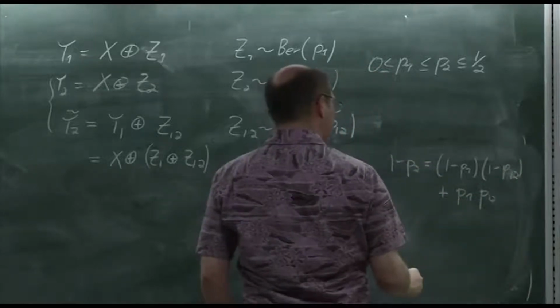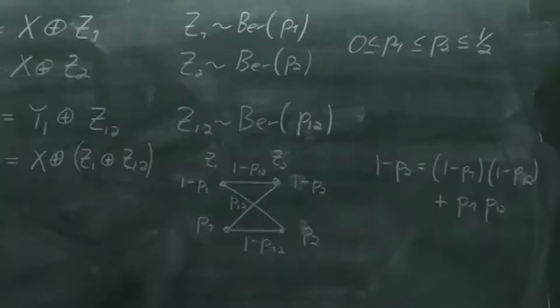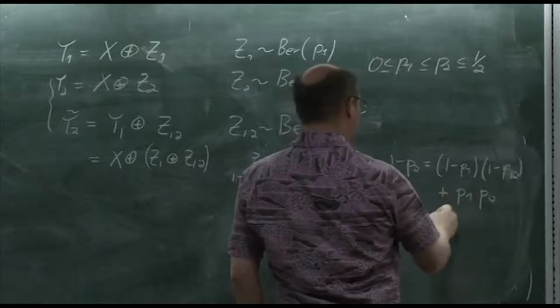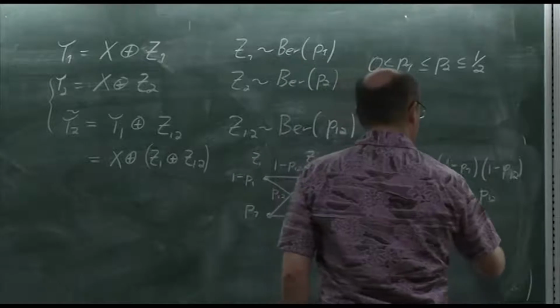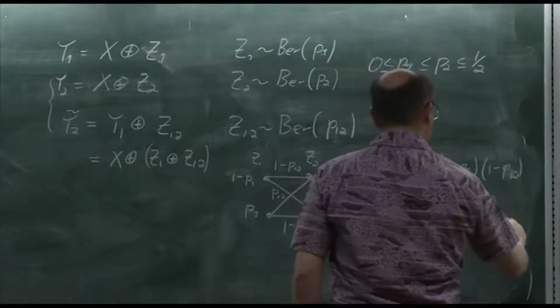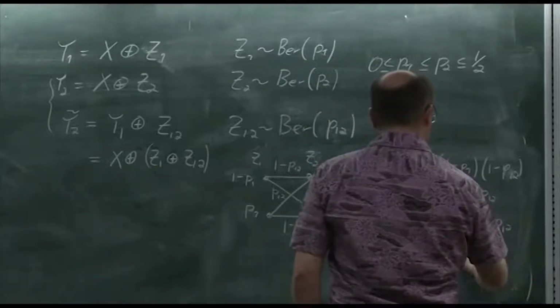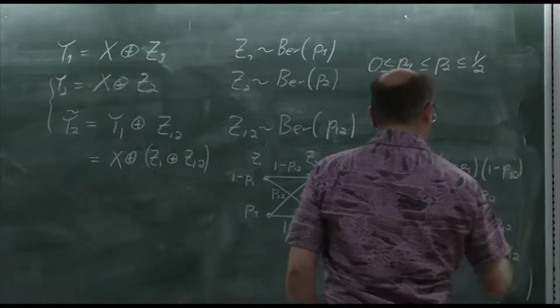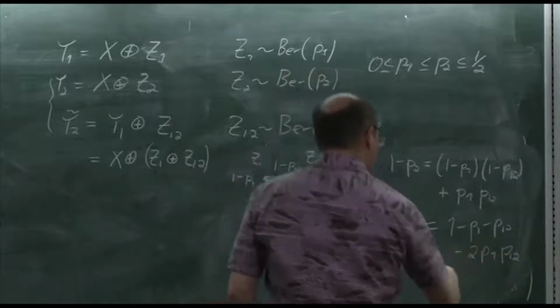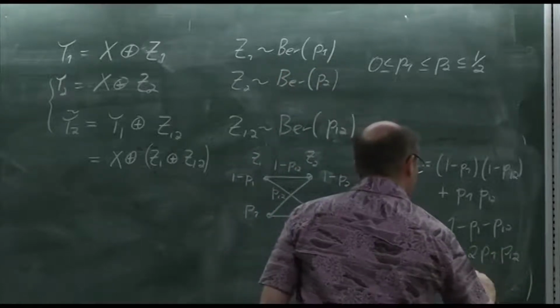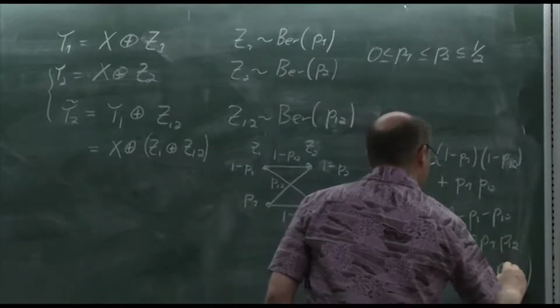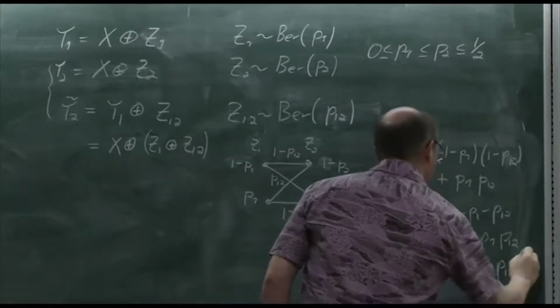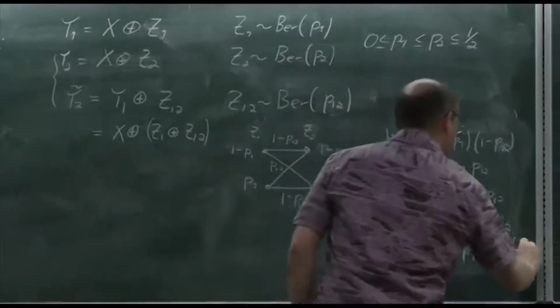Then I have to solve this equation for p12. So let's just do this: 1 minus p1 minus p12 plus 2p1 p12. I collect these two together: 1 minus p1 minus p12 times 1 minus 2p1.